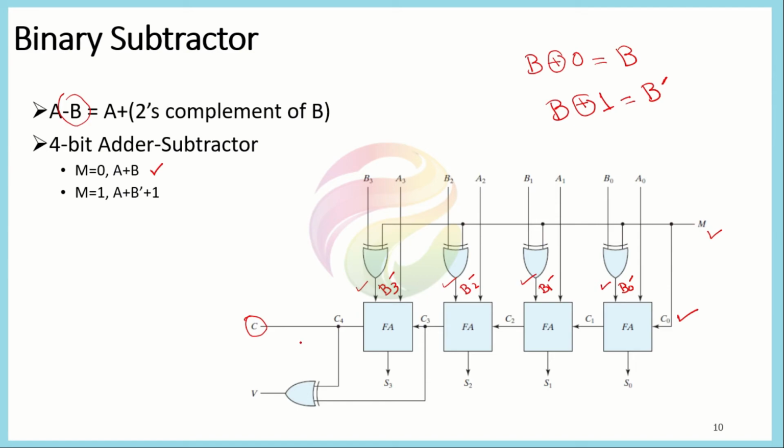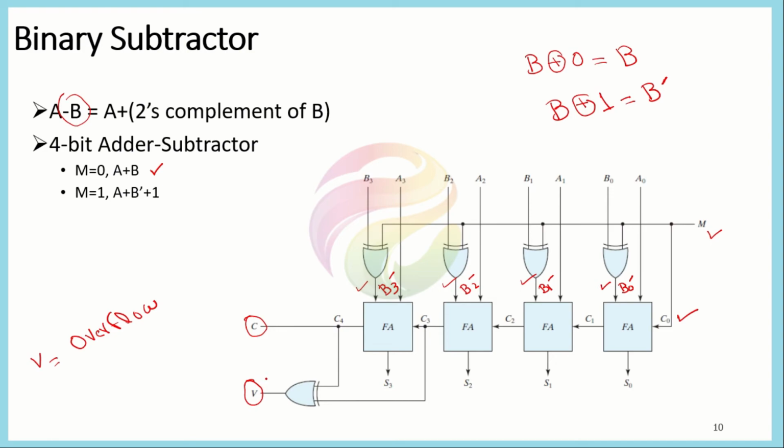For both the signed and the unsigned cases, there is another output that is represented here as V. Actually, V represents the overflow condition, or the overflow flag. The final output for the subtraction process would be generated in the form of these 4 bits along with the carry term. And there is another extra output in this system, that is the overflow flag.